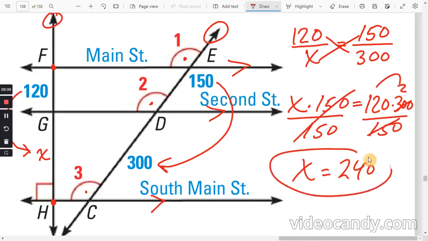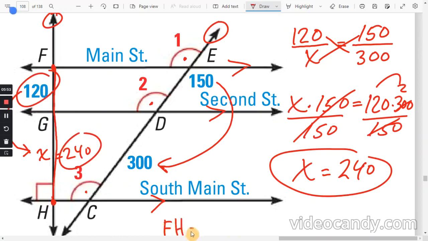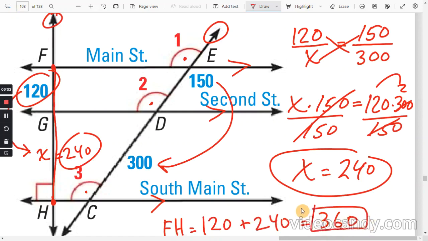So that is not the final answer. That's just X, which is 240. But they wanted FH, the distance all the way from F to H. So we have to add 120 plus 240. So FH is going to be 120 plus 240, and that equals 360.